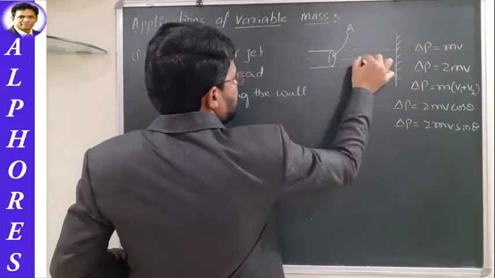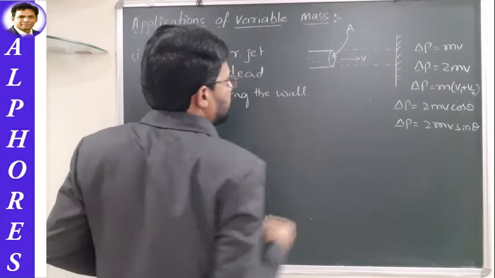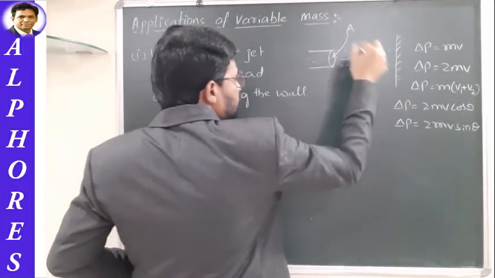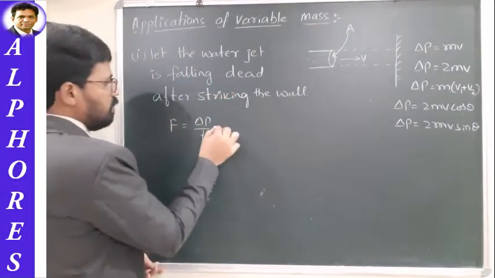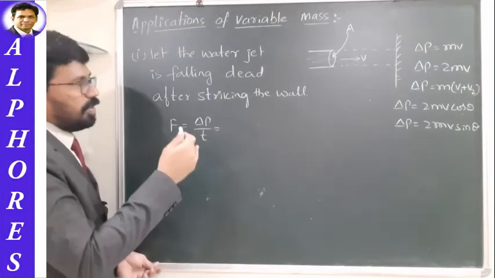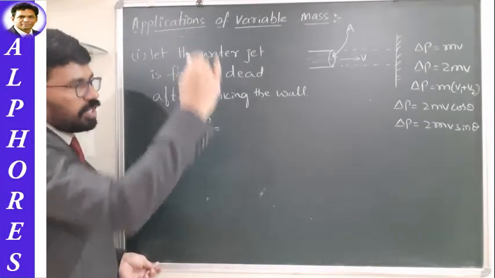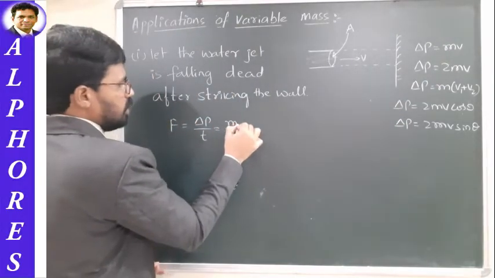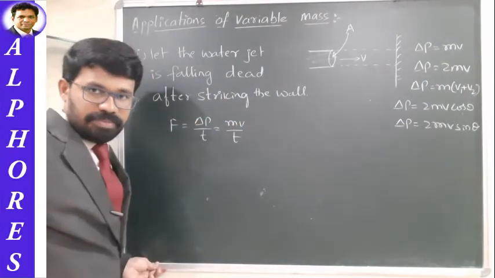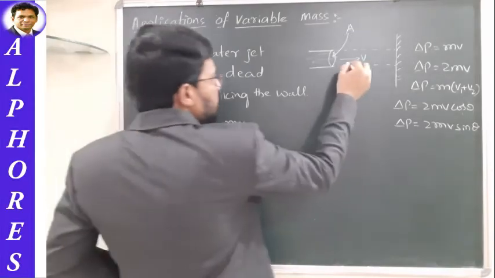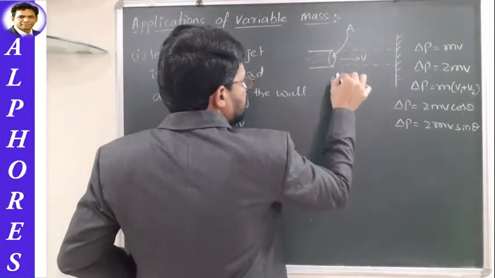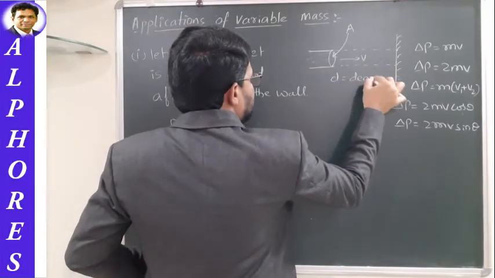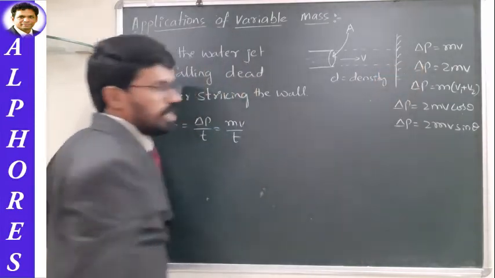Let the velocity of this water jet be v. Change in momentum in case the matter is falling dead is mv, so I will write mv by t. Let us say the density of water is d. Here not only water, you can take any other liquid also.